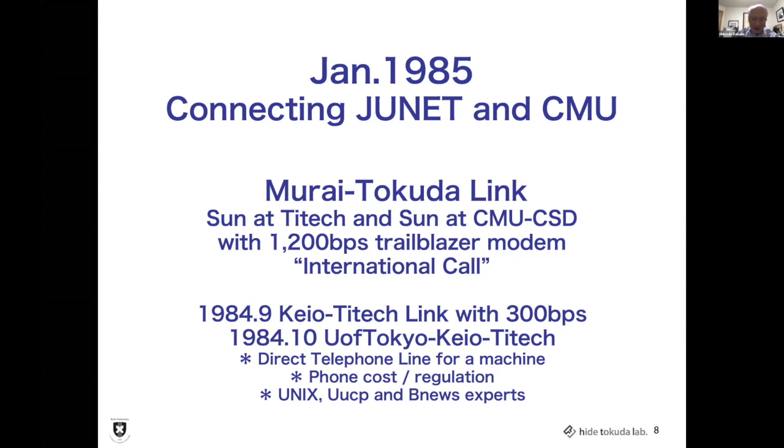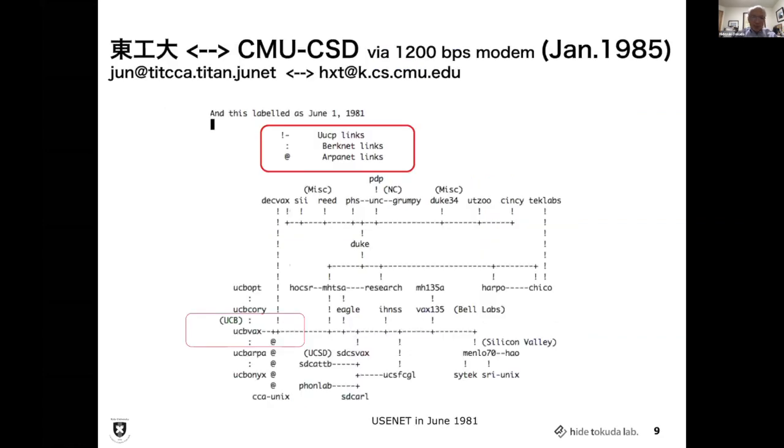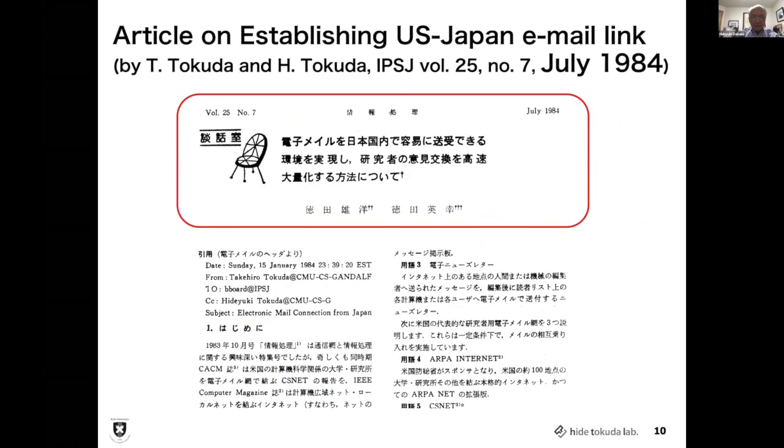The other aspect is carrier regulation. We were not quite sure whether we were safe or not while we were expanding JUNet activities. And of course, at that time, Unix, UUCP, and BNews experts were limited. This is a picture of Usenet at that time, 1981.